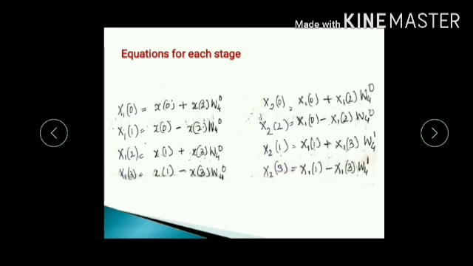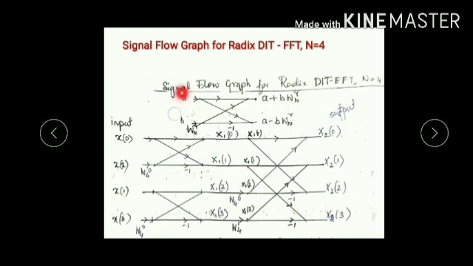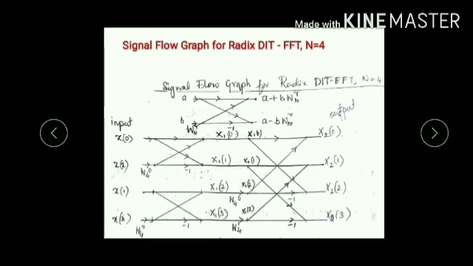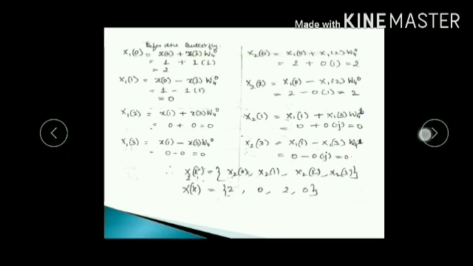So you can see all the calculation part I have done. If you can understand this butterfly diagram, you can accordingly draw the signal flow graph for N equal to 4 length. This is the exact picture; you can easily download it, or refer to the diagram, draw it and solve the problem. A few more problems will be solved in the next classes.